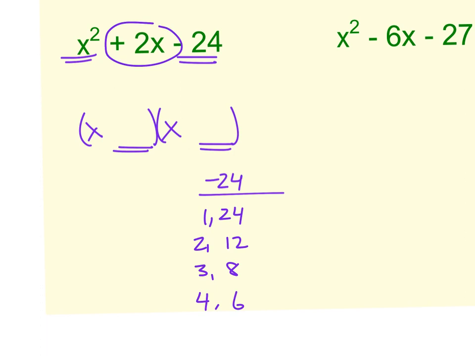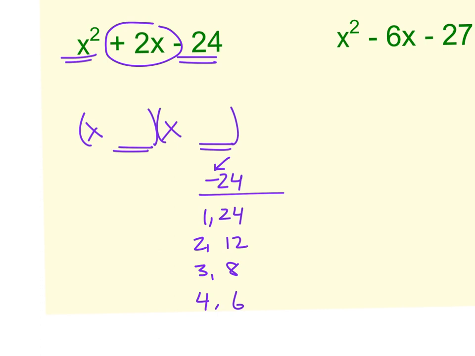When you're trying to find factors of a negative number, I'm going to give you a little hint. When you multiply two factors together to get a negative 24, you need one positive and one negative number. So how do you know if, for example, it should be a positive 1 or a negative 1? How do you know if it should be a positive 24 or a negative 24?